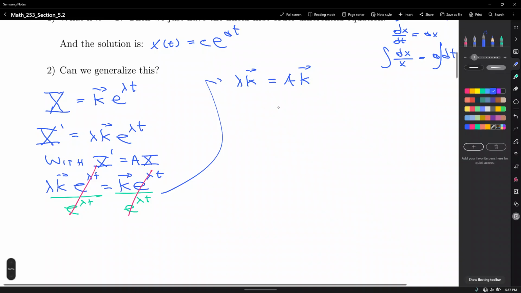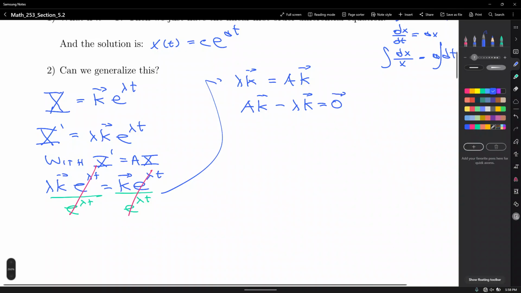That means I'm going to leave one side equal to 0. I'm going to move the lambda k to the right-hand side, but I'm actually going to reverse the order of the terms. So that means A k minus lambda k equals the 0. You guys agree with this? No, the 0 vector, because this is a vector equation, not a scalar equation.